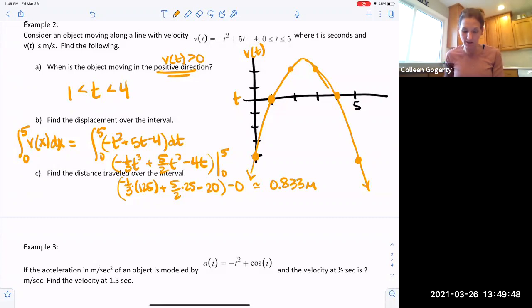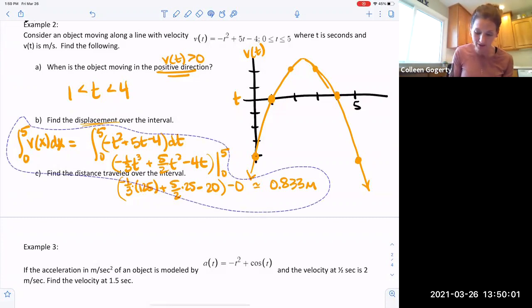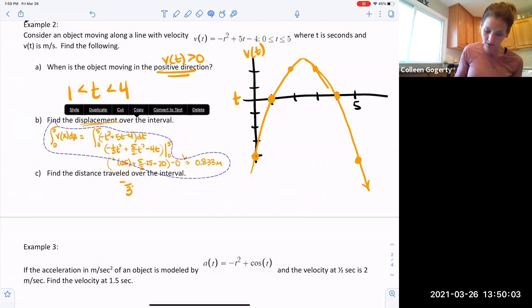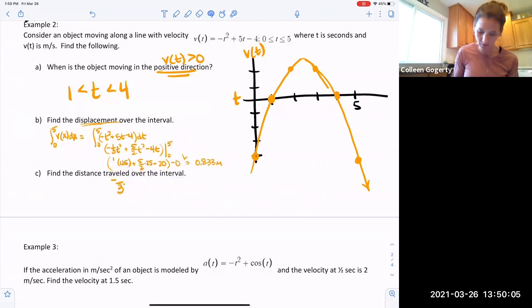All right, so find the distance traveled. Now this was displacement, so the next one is asking you for the distance. So something is going to change. Now I'm just going to try to make this a little bit smaller, just to fit it in. As I go to my next one, how is the problem going to change now?